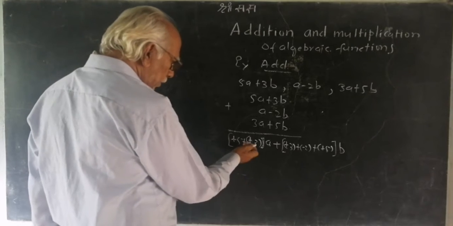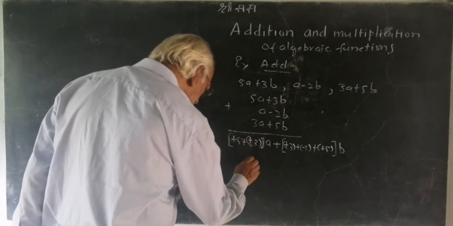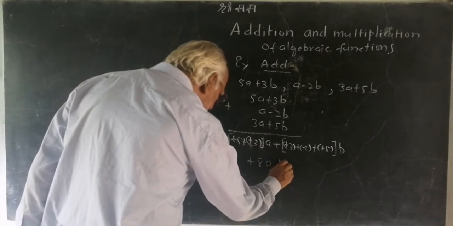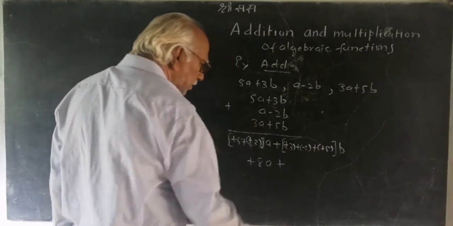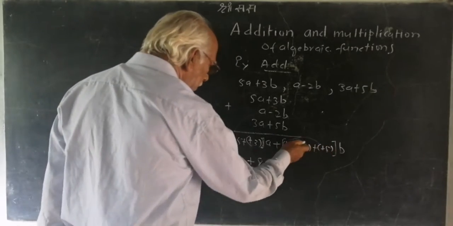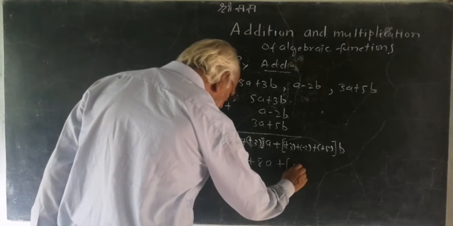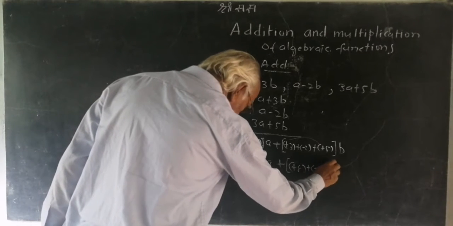So now here 5 and 3 carry the same sign. So add them with that sign only. So how much will it be? It will be equal to plus 8a. Now here these two carry the same sign. So add them. 5 plus 3 is 8 and same sign, that is plus 8. And then we will be adding minus 2 to it with b.